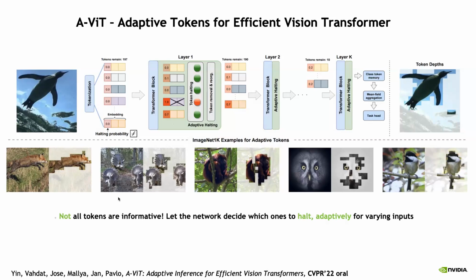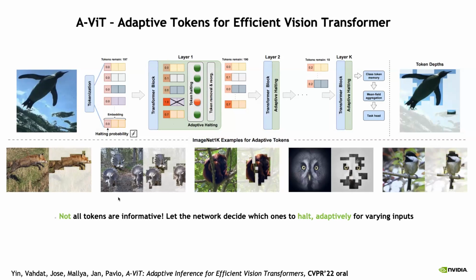This is the work we introduced last year at CVPR 2020, called AViT, or Adaptive Tokens for Efficient Vision Transformer. The idea is pretty simple. We just apply the previously proposed methods for adaptive computation graphs from convolutional neural networks onto transformer, and the results are working surprisingly well.